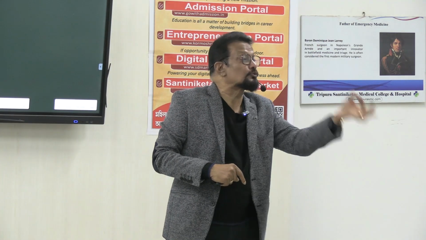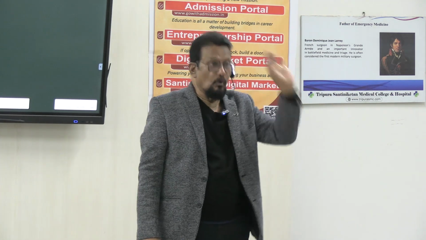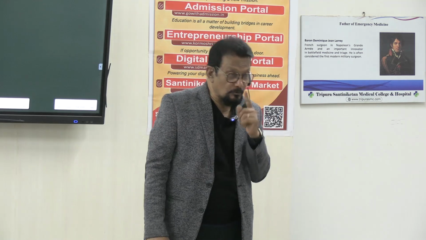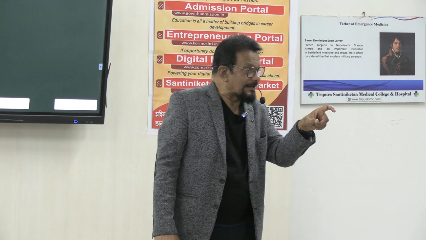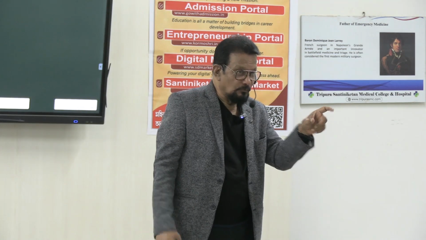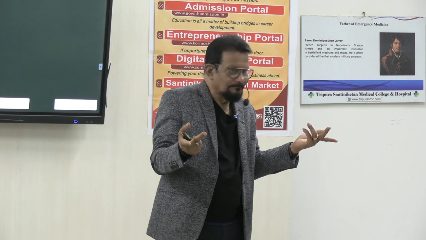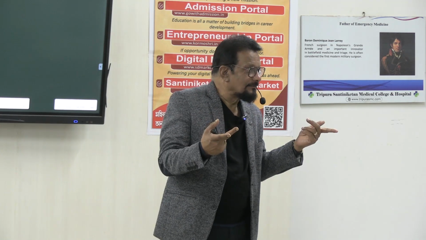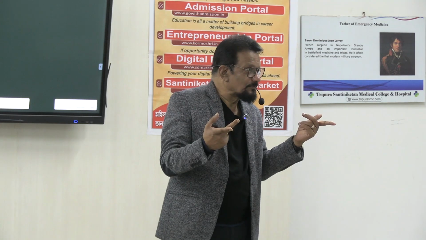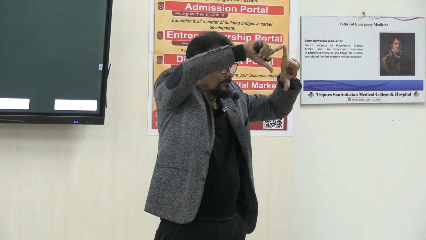If I ask for the name of one keto monosaccharide, what will be your answer? Fructose. And a keto disaccharide, this disaccharide will have a keto group, which may not be free. Chini, sugar, sucrose. Glucose has the aldehyde group at carbon 1 and fructose has a keto group at the second carbon.